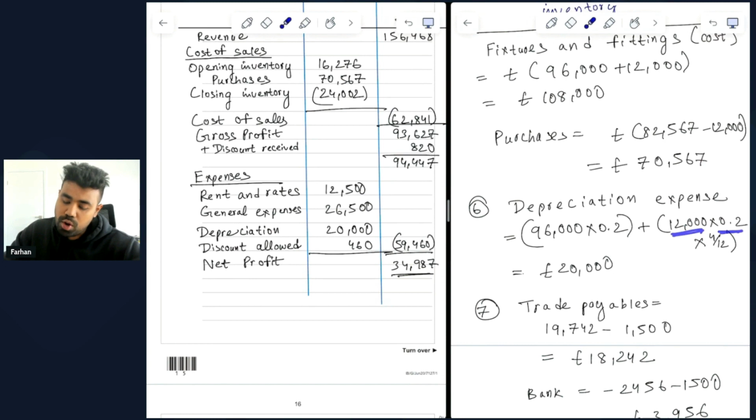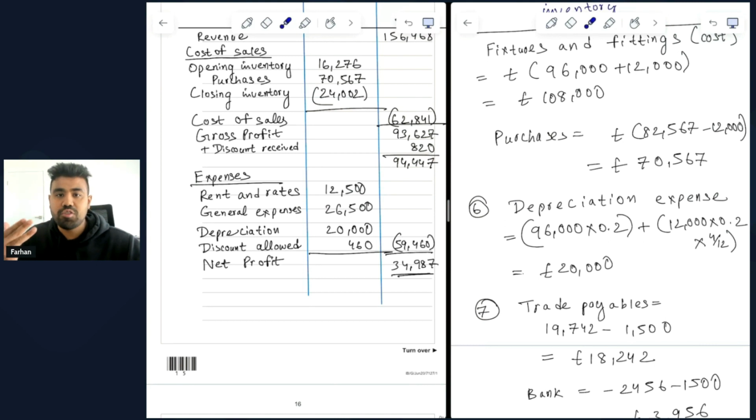But then we are multiplying 4 over 12. Why? Because from 1st of December 2019, which is the day the asset was purchased, until 31 March 2020, which is when we are preparing the income statement, we have 4 months of use. How do we know that? We have December, we have all of Jan 2020, we have all of February 2020, and we have all of March 2020.